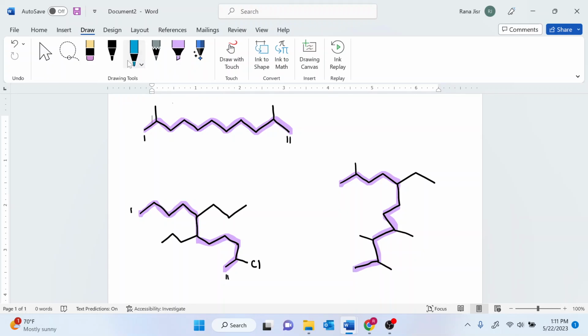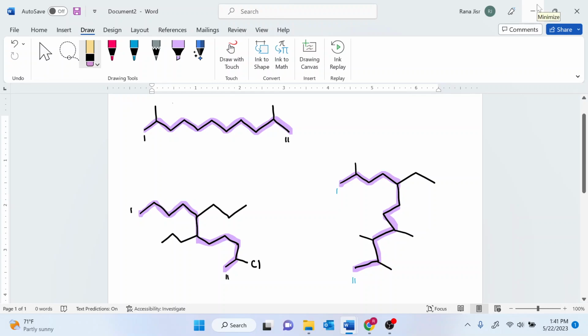So this is another example that your chain does not have to be a straight chain to pull out the maximum number of carbons. It can be a bent chain, it's fine. But there is a rule. If you start from one end, you have to continue all the way until you reach the next end.